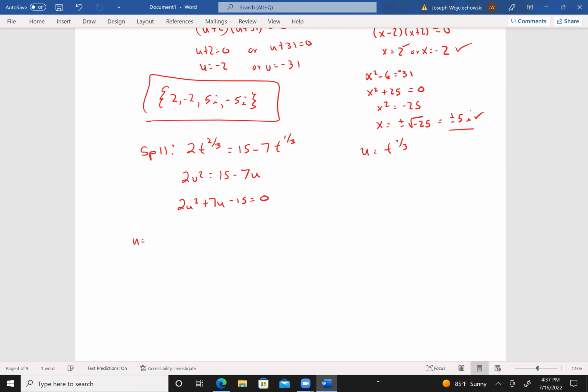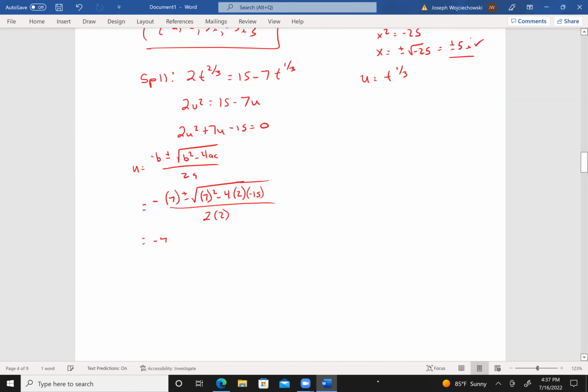u equals negative b plus or minus the square root of b² − 4ac, over 2a. Now the negative of b, which is 7, plus or minus the square root of 7² − 4 times a, which is 2, times c, which is negative 15, all over 2 times 2.